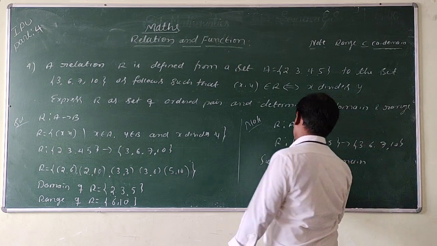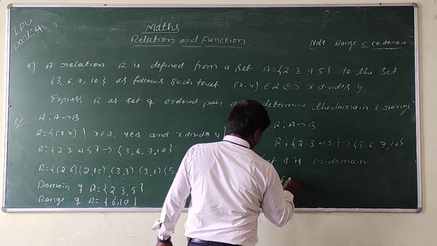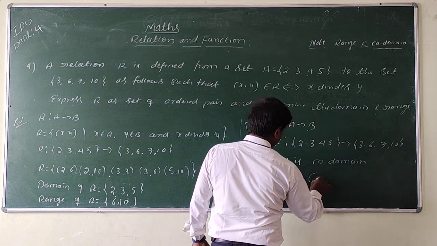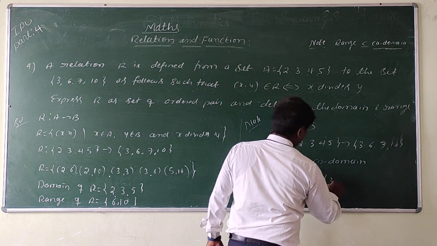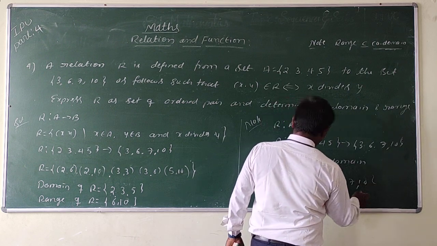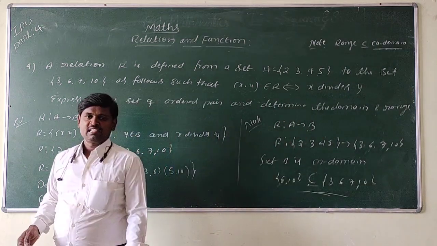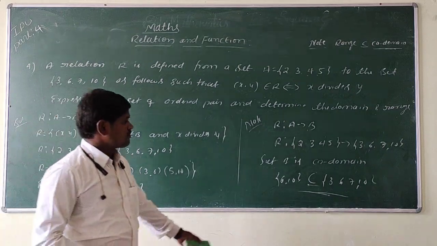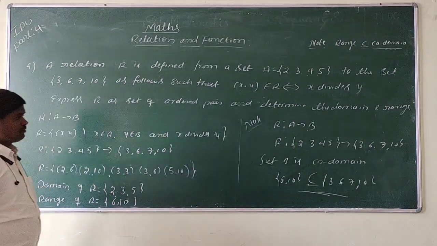So therefore, the range is always a subset of the codomain.